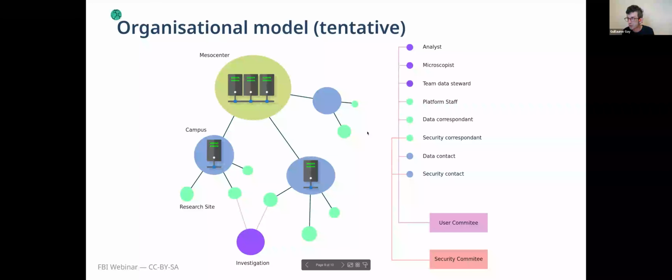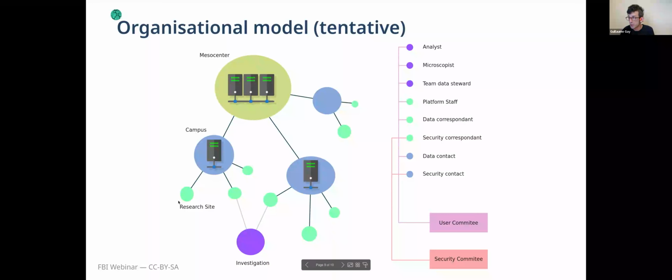Here is how we wish to organize the service, now that it's in production. The idea is to have several roles, several people fitting several roles depending on where you are.